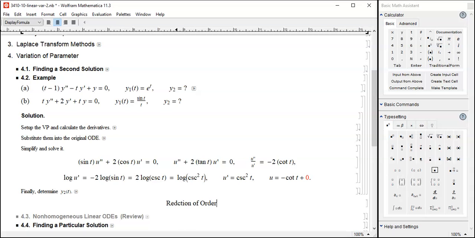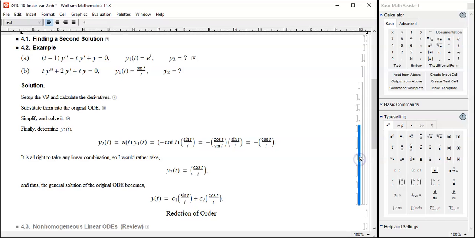So that's an example of variation of parameter. We completed this kind of problem, reduction of order, and then you can find out u, and consequently you get y2 as u times y1. Got it? So we get the general solution, c1y1 plus c2y2.